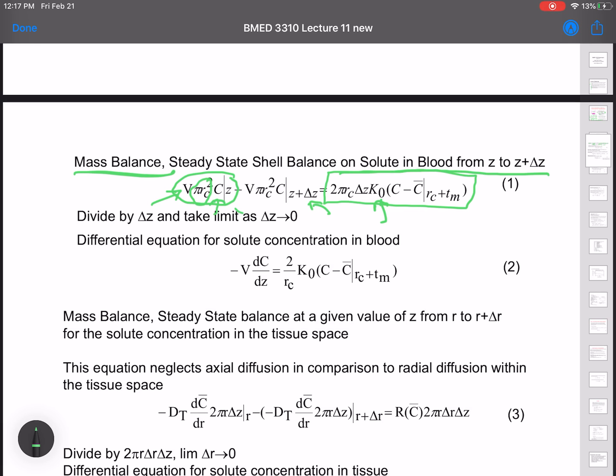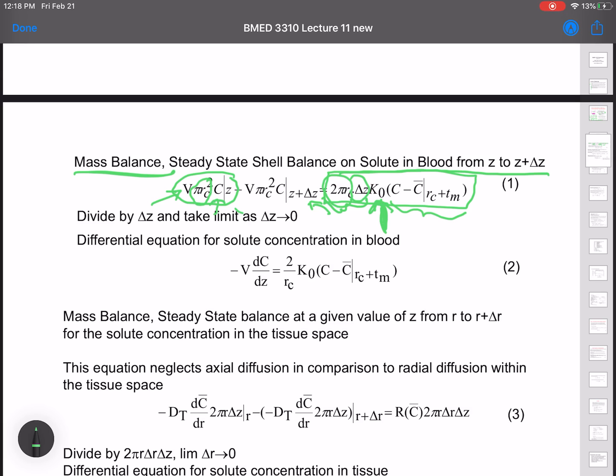Now look at this. Let's just simplify it. We'll look at K0, and for the moment, let's pretend that that's just the convection coefficient. There's more to it, but let's simplify it in our minds right now. So it would be the convection coefficient times some change in concentration times the surface area. 2 pi R is the perimeter, and delta Z is the length.